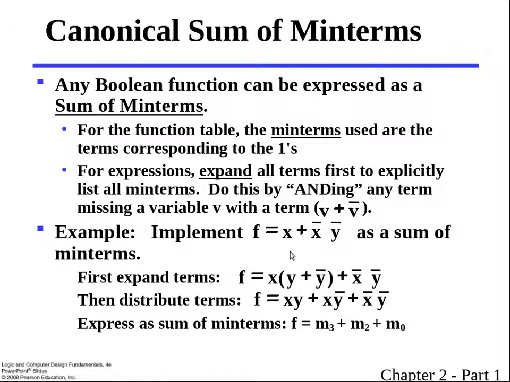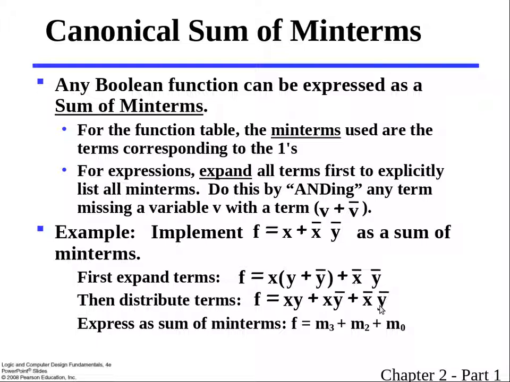Also, notice that the function may be x plus not x not y. This term is missing a y, which is needed for your sum of minterms. So you just add 1 and do x or not y or not y, and then distribute it out, and then you have all your minterms.